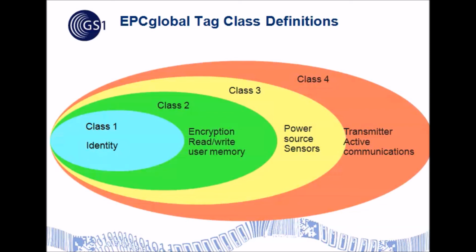Class 1 provides the basic identity information, and the Class 2 provides the read, write, and access control. Class 3 is a semi-passive RFID tag, providing power to the sensors. Class 4 tags will be an active RFID tag. Then you can remember these 4 types of the class.